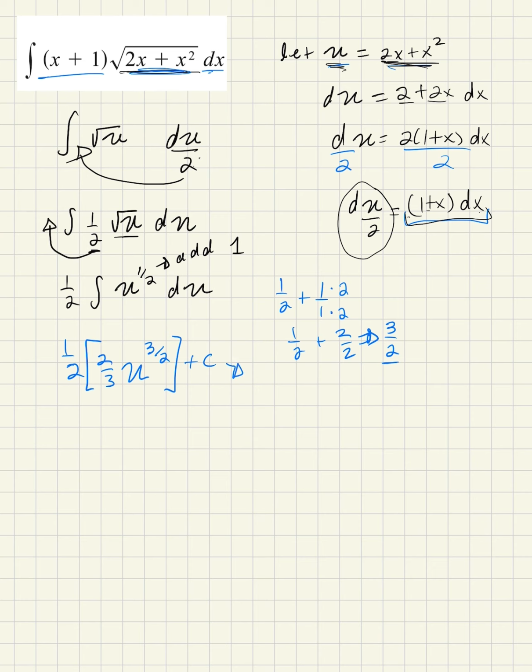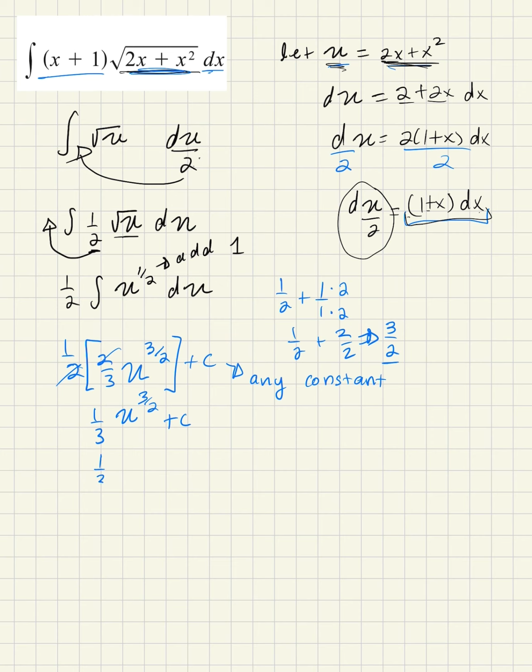Where c is just any constant, okay? So then what happens is that this 2 over 2 cancels out, and I end up with 1 over 3 u to the 3 over 2 plus c. And then you can just go ahead and plug everything back in there.